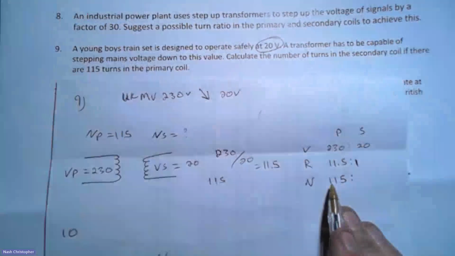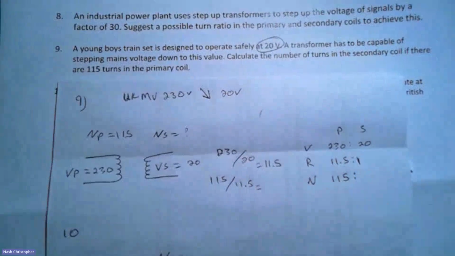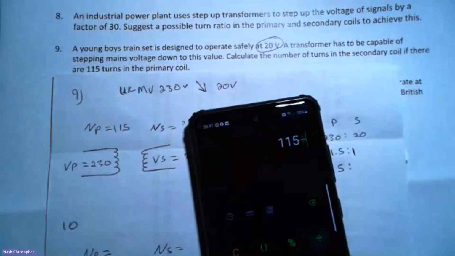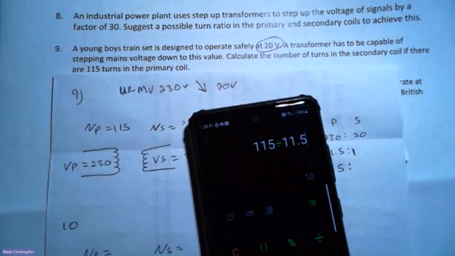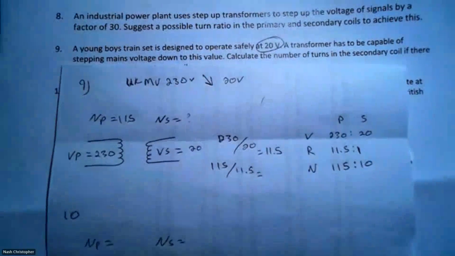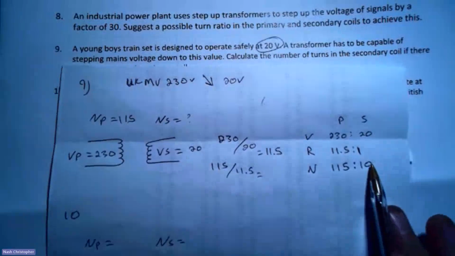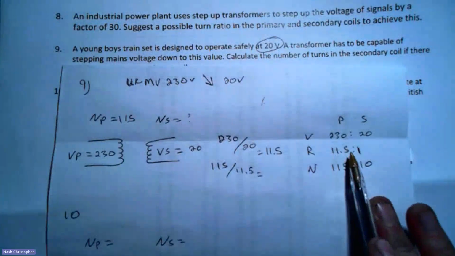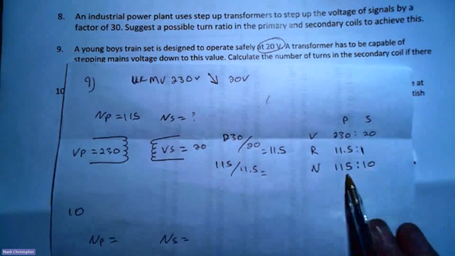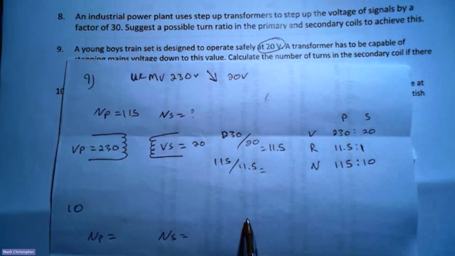So we need to take the 115 and divide it by 11.5. So 115 divided by 11.5 is 10. So the ratios are the same. It's 11.5 to 1 or 115 to 10. So if you divided either side by 10, you would still get 11.5 to 1.